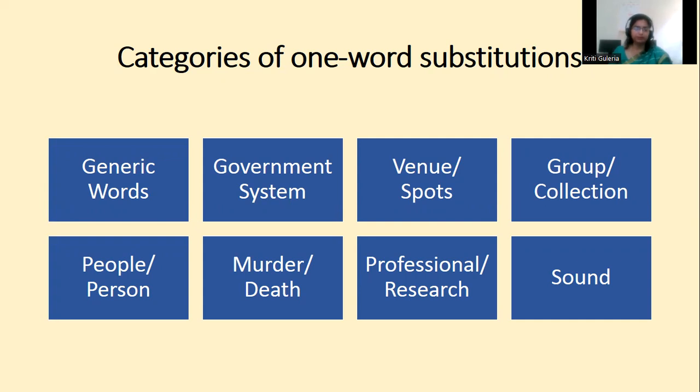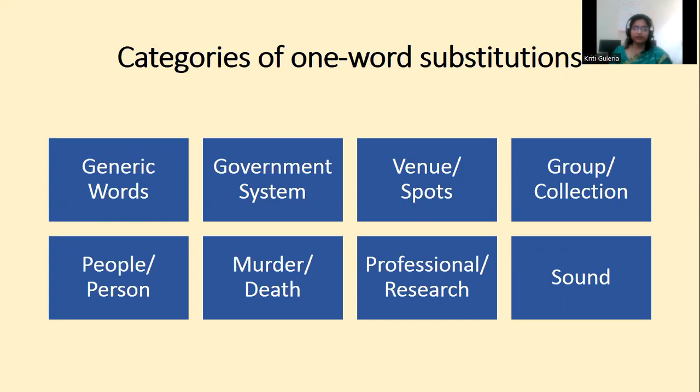For example, a person who teaches in school is referred to as teacher. A person who treats sick people is referred to as doctor. Thus, all those individuals in that particular profession or research are again assigned certain one words.